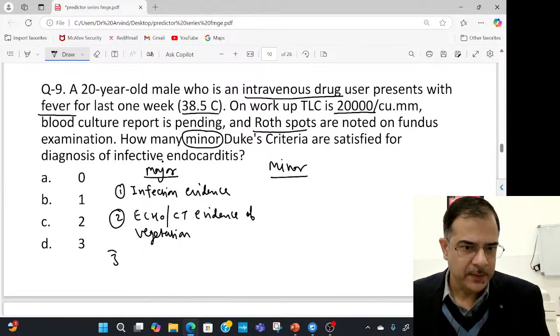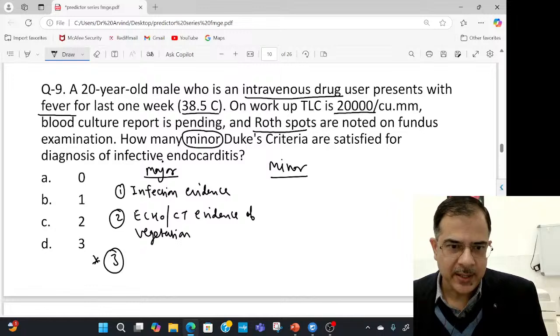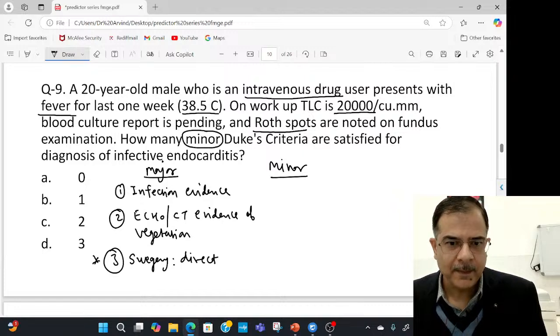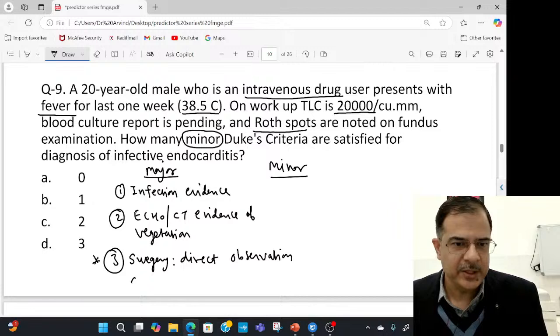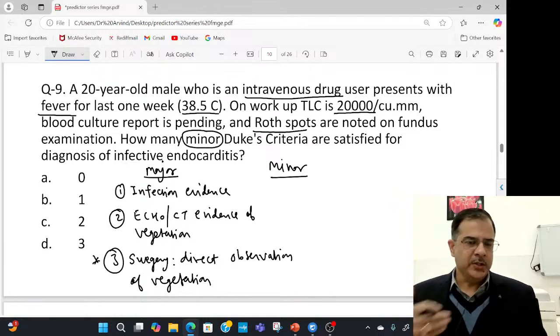And number 3, which has been introduced as a major criterion, is direct observation of vegetation during the surgery. Directly we can observe the vegetation during the surgery.